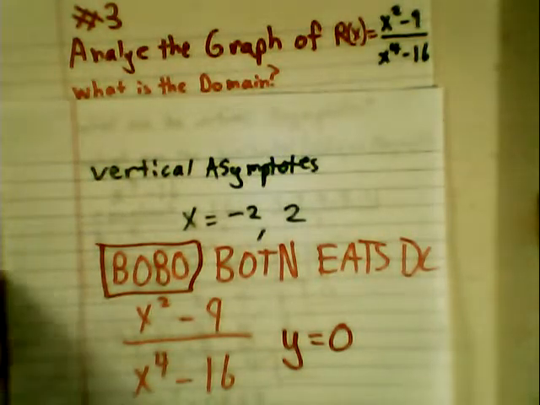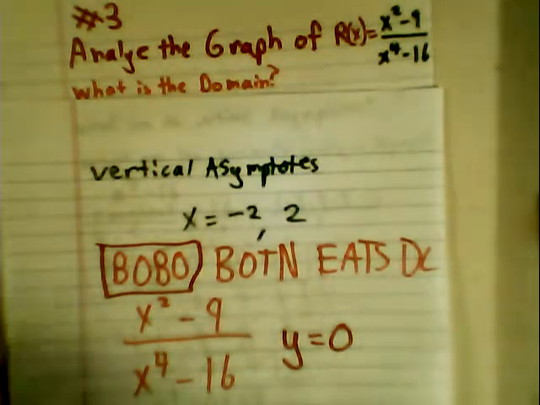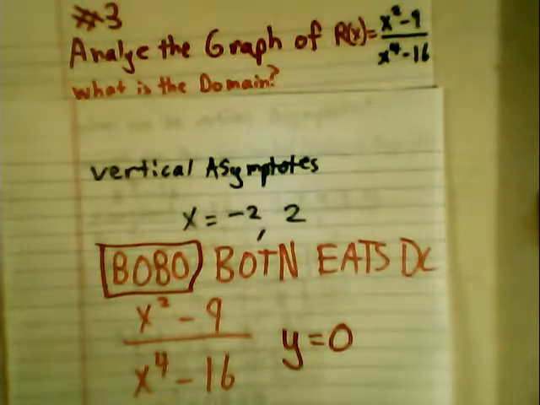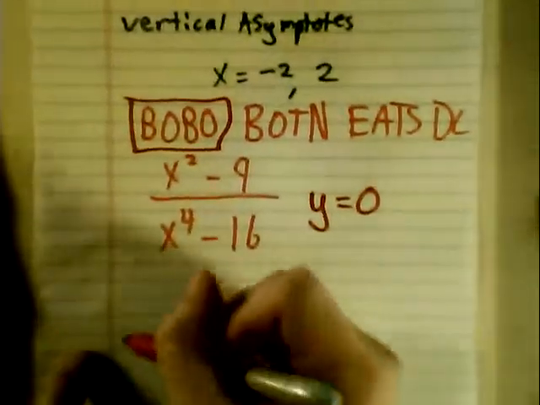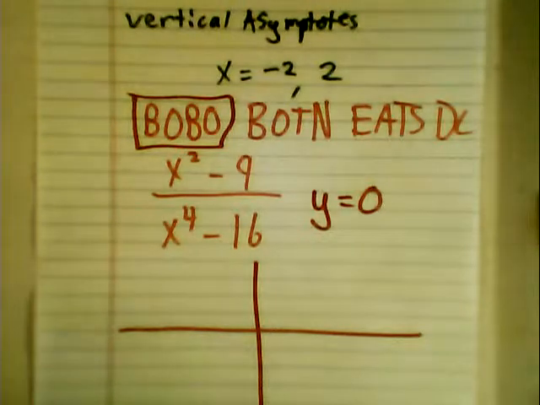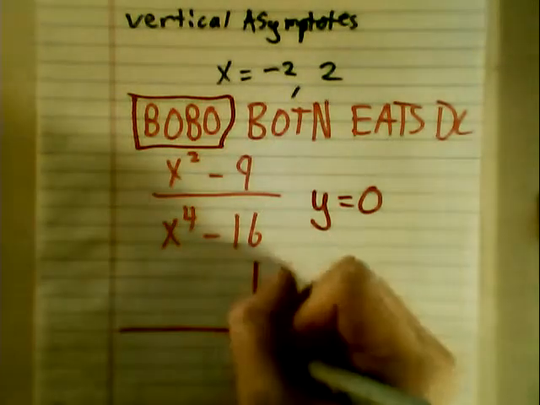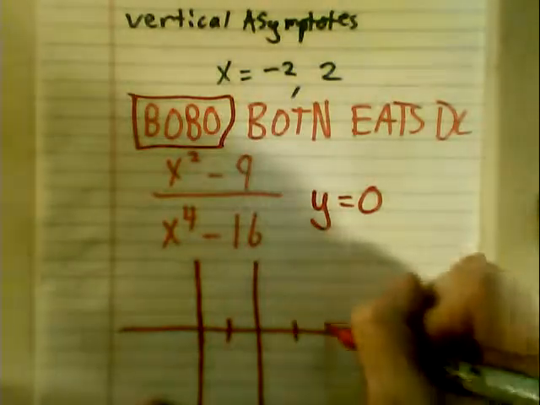Now it will ask you to graph this. And usually, I mean, you can plug it into your calculator and look at it, but also think about the things that you just found. Since we found, let me draw a graph. Since we found that it has vertical asymptotes at -2, so it's got an asymptote here, and it has a vertical asymptote here.